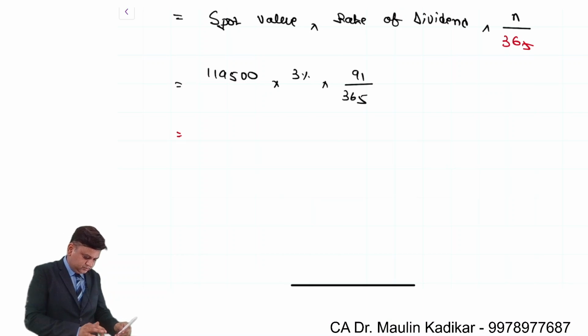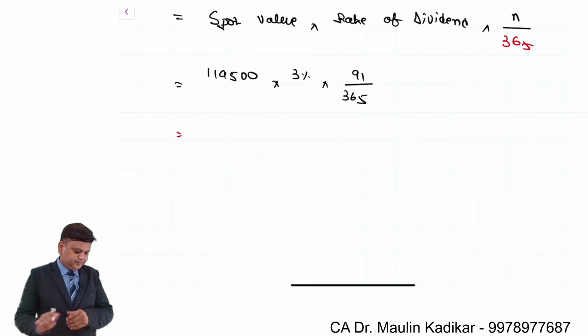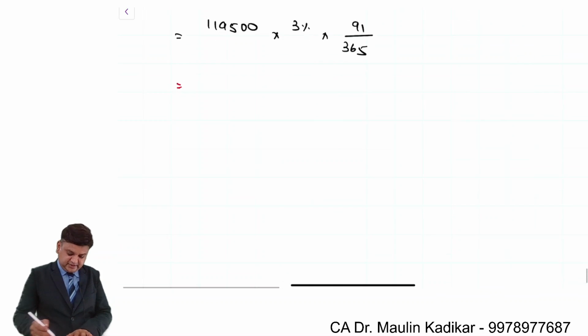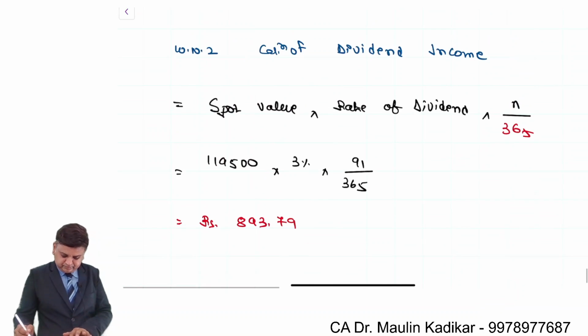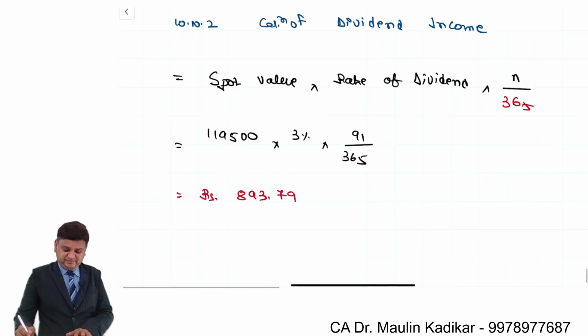So the answer comes to 893.79. This is the dividend income.